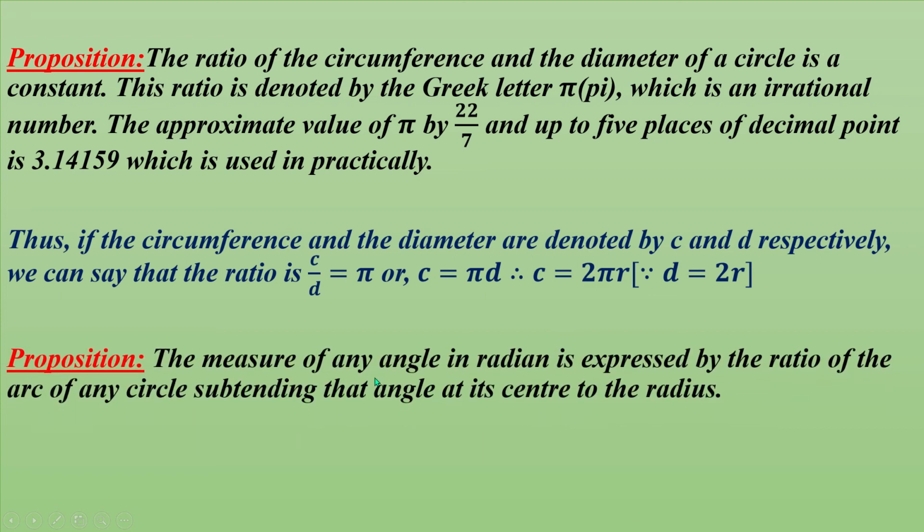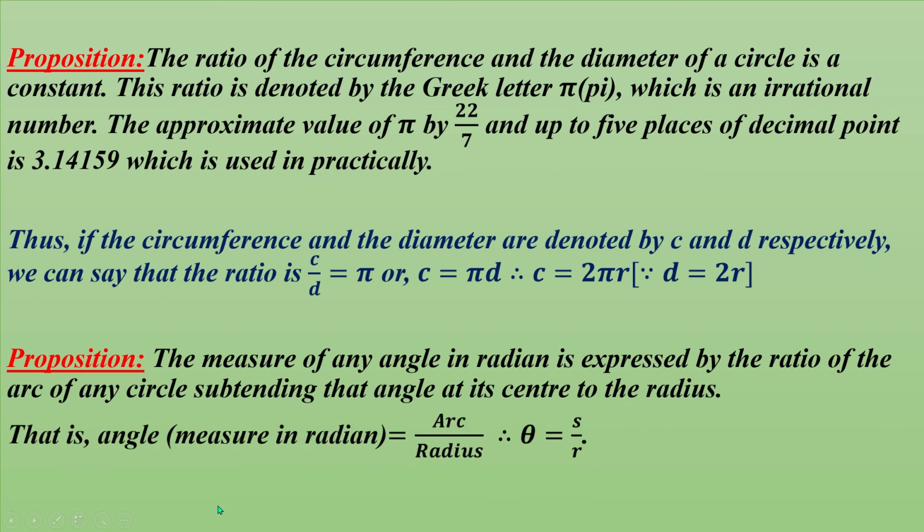Another proposition: the measure of any angle in radian is expressed by the ratio of the arc of any circle subtending that angle at its center to the radius. That is, angle is equal to arc divided by radius.